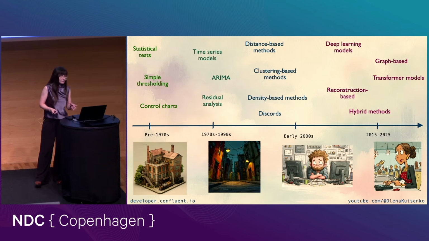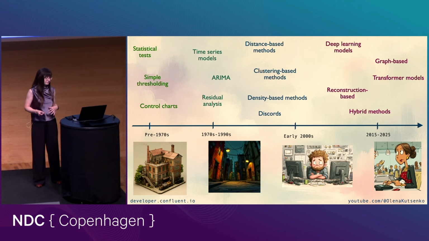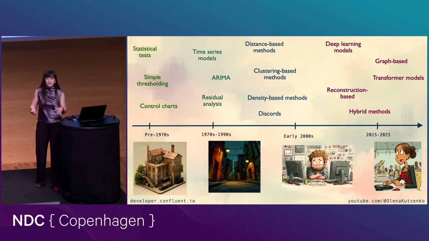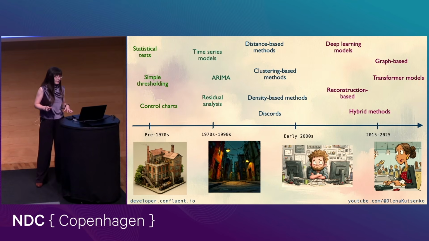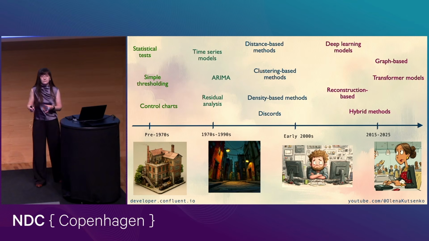So with that, we also started applying the latest deep learning models, forecasting models like LSTM, which we will also have a look at, the transformer models, and other ML stuff which we can use to detect anomalies.